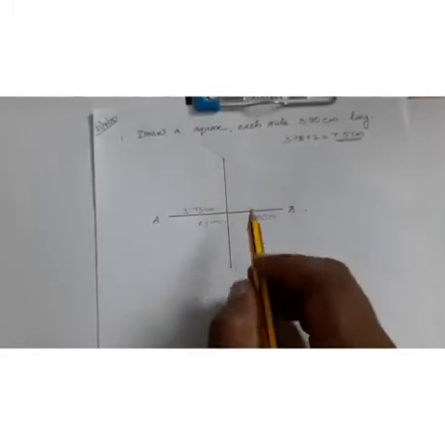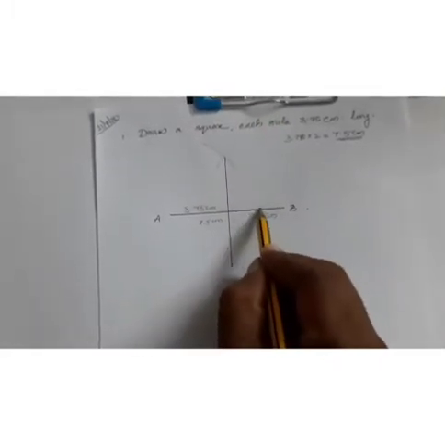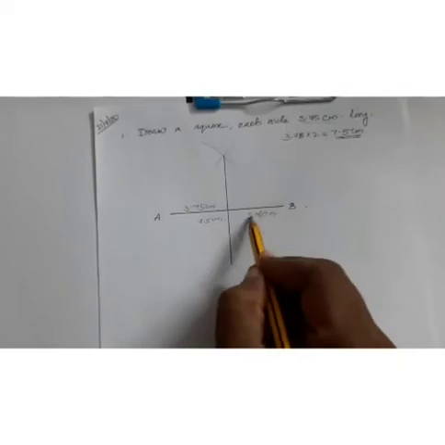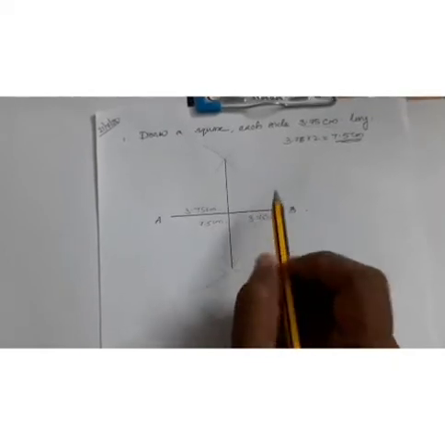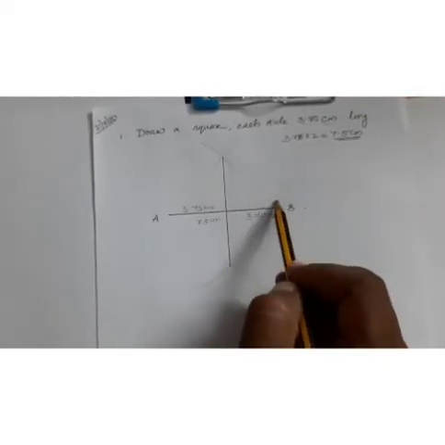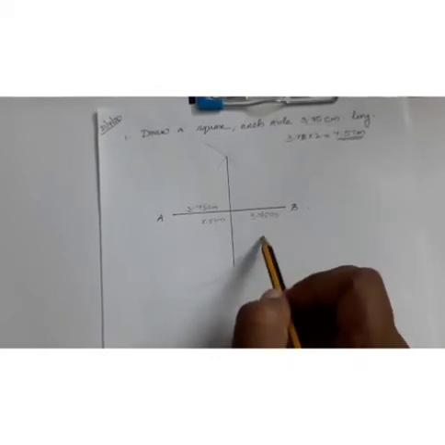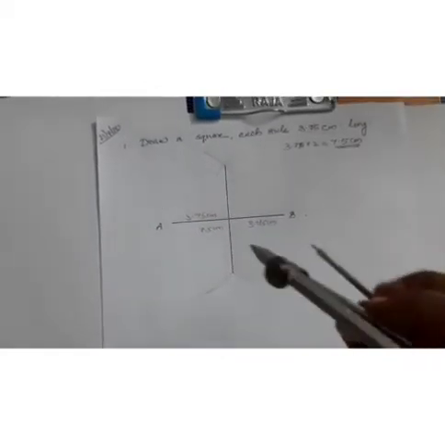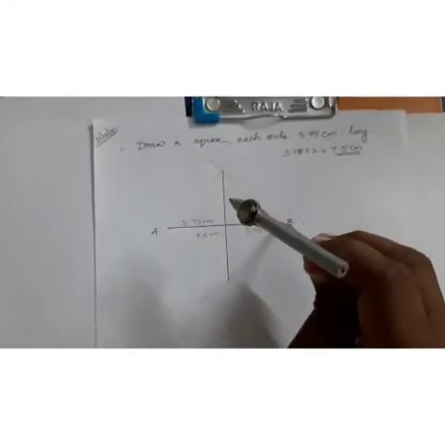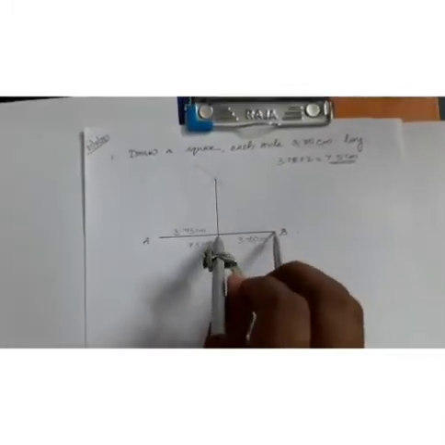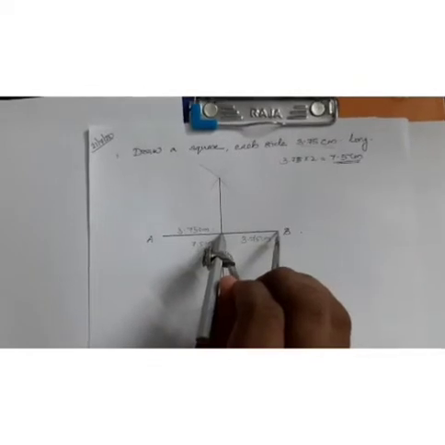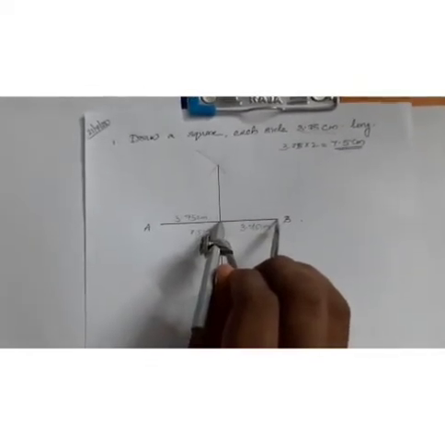Then what is the question? You have to complete a square. So take one side of the square. The side of the square is 3.75. Then you can complete it on any side, either this side or here. So first of all, take the measurement of this side. This length you have to measure.